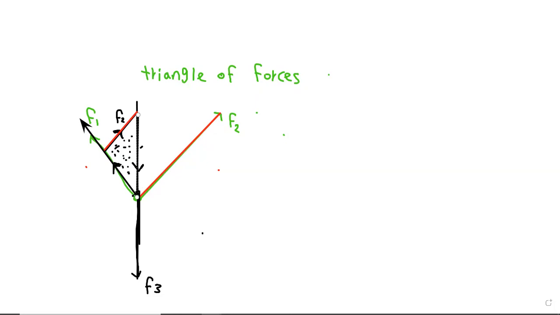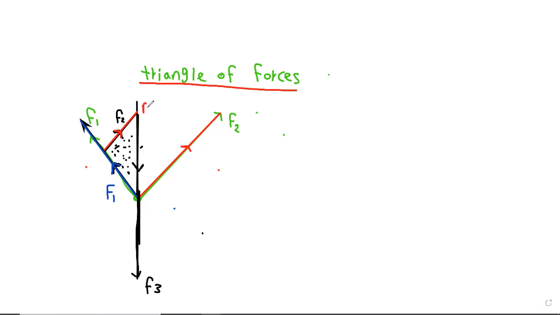And here we have F1 in this direction. So we have F1 here, F2 in this direction, and this F2 is parallel to this force here, and we have F3. This triangle is called the triangle of forces, and in the triangle of forces, each force is proportional to the length of the side in this triangle.